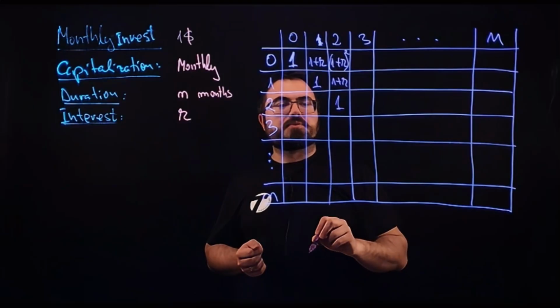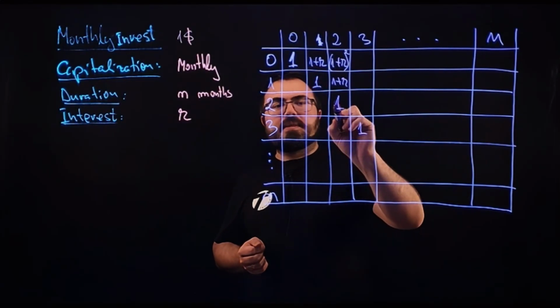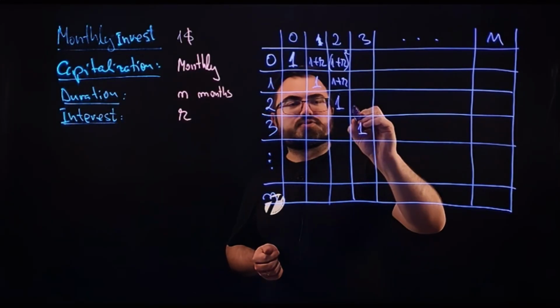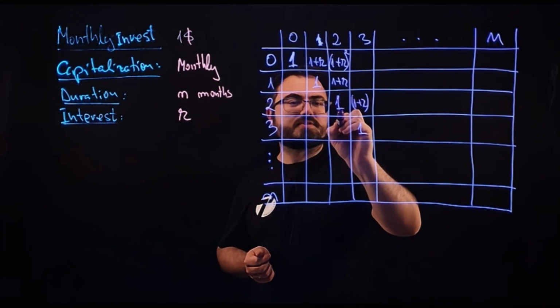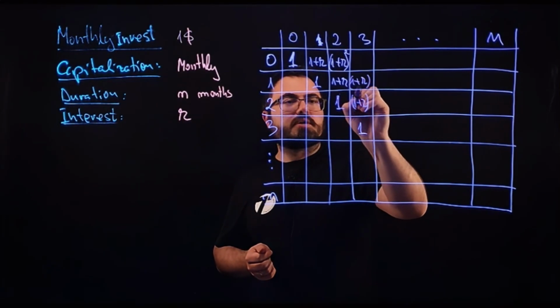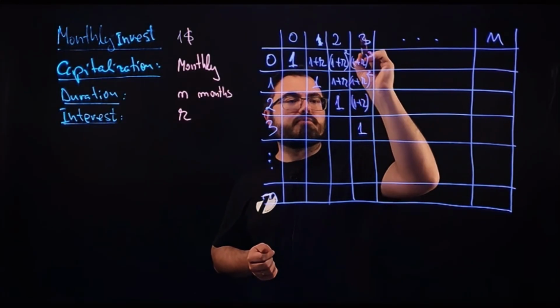As we go to month number 3, again, you deposit your monthly $1. The amount of money of $1 from the previous month, month number 2, it's 1 plus R, because only 1 month has passed for this investment here. For the month number 1, it's 1 plus R to the power of 2, and here it's 1 plus R to the power of 3.